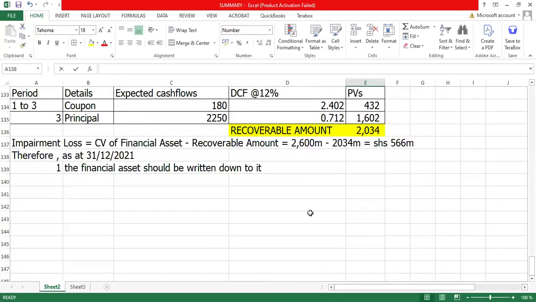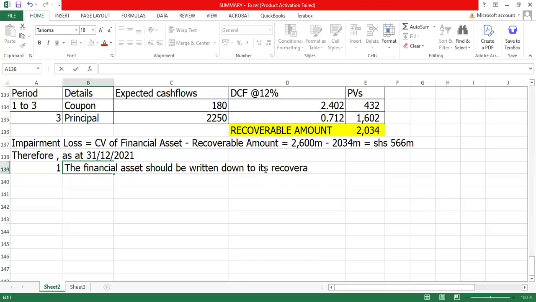But because there is impairment, we must record the financial asset at its recoverable amount, what you can only recover, that is 2,034 million, in the statement of financial position.